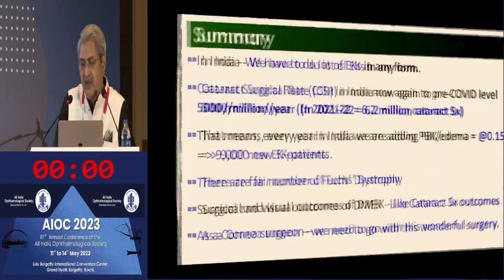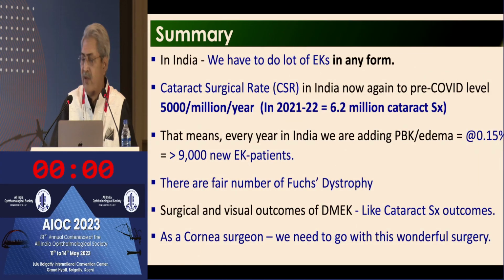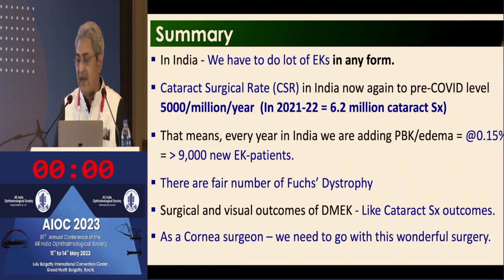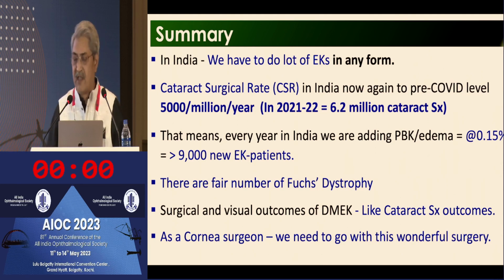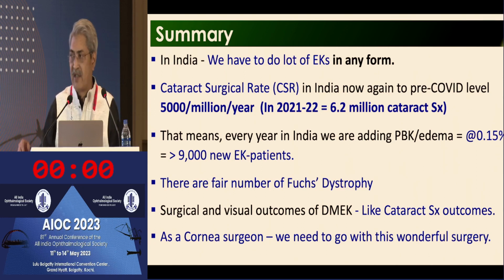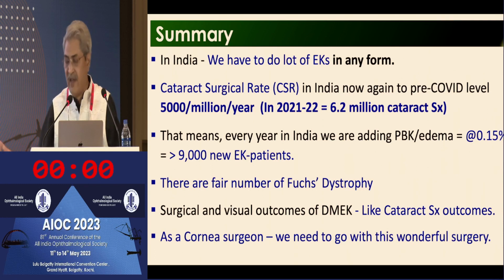So in summary, we need to do a lot of EK in any form. Cataract surgery rate, again we are at the pre-COVID level of 6.5 million at this point of time. And that means every year, if we consider 0.15% incidence of PBK or edema, we are adding 10,000 patients to our list, but we are doing only 500.